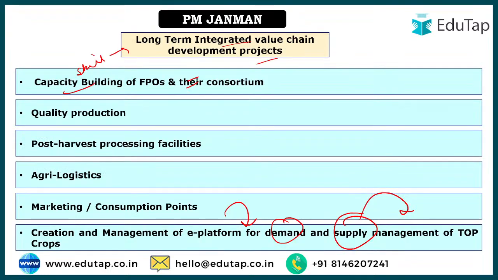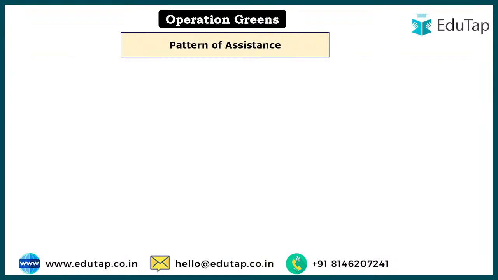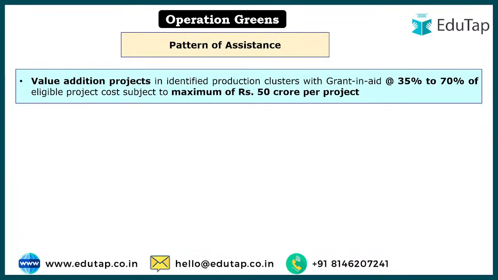Now here, when we are saying that in the long term strategy projects will be formed, of course for projects money will be required, right? So what is the pattern of assistance? First of all, it's being said clearly that for whatever value addition projects there will be, the grant-in-aid will be by the government. Of how much? It will depend from project to project.